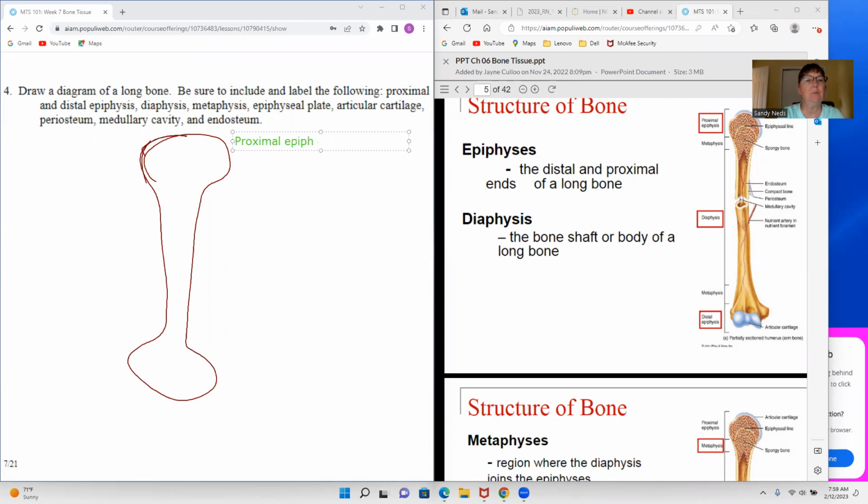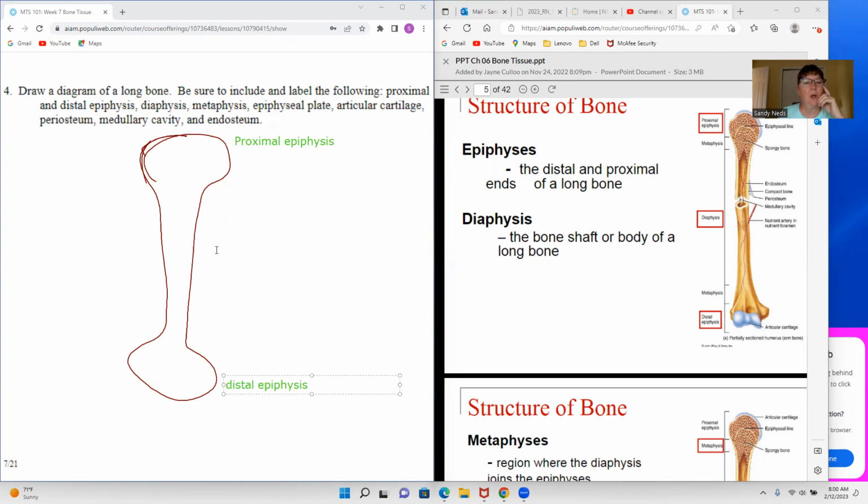Epiphysis. And epiphysis is the end of the bone. So that makes this the distal epiphysis. Distal epiphysis.